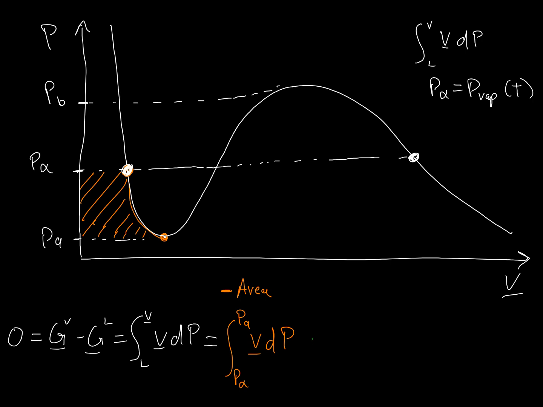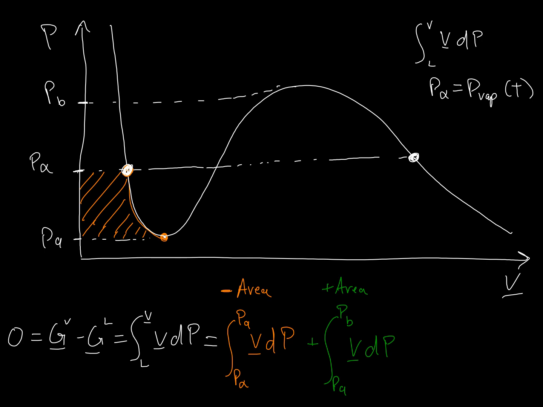The next step is we have to go from PA, where we last finished off, to PB of V dP. In this case, PA is lower than PB, so this is a positive area. Let's remember, if you switch the limits of an integral, you just minus it.